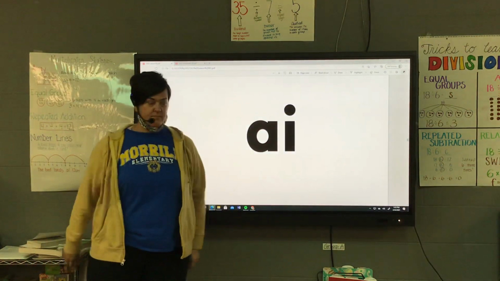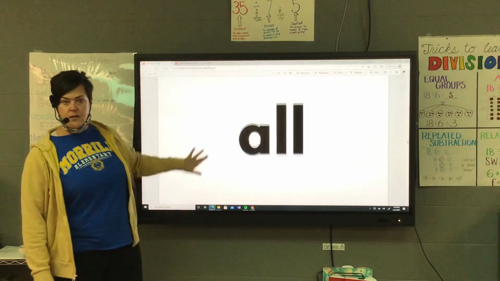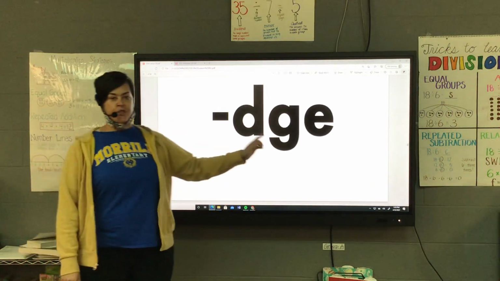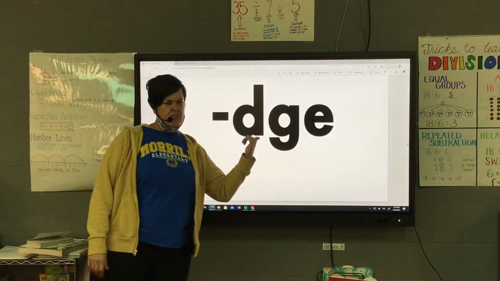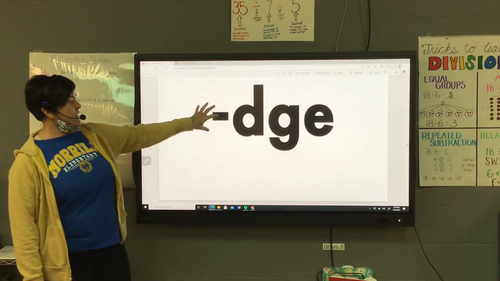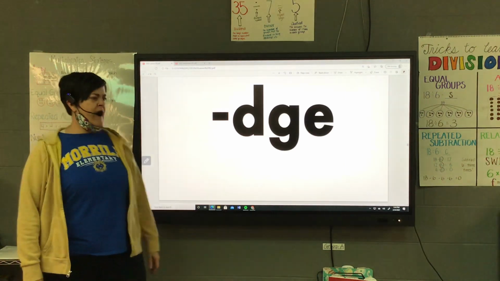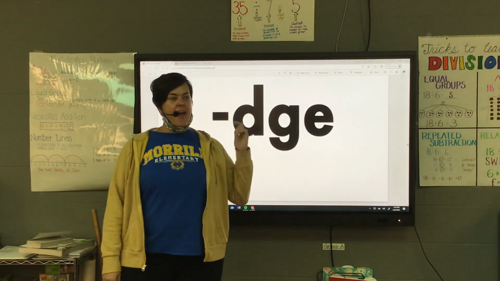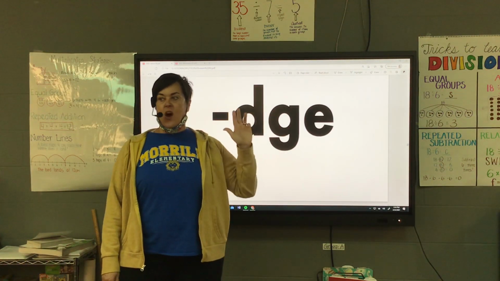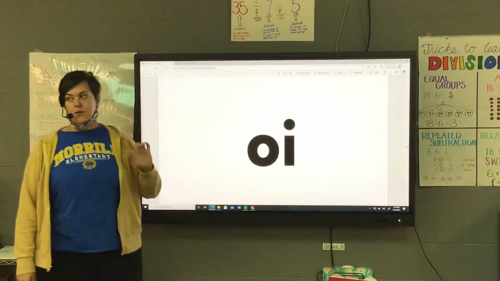A. In the middle of a word. O. J. What is this? And where is it? At the end of a word. And what is right there? Short vowel. And our short vowels say A, E, I. Think about that when you're writing words.